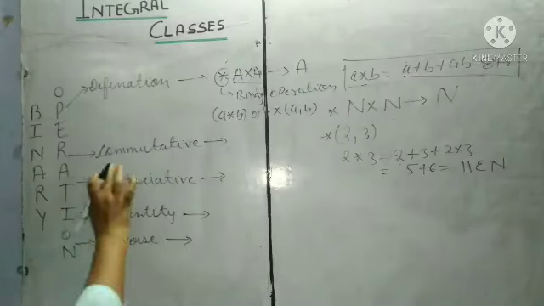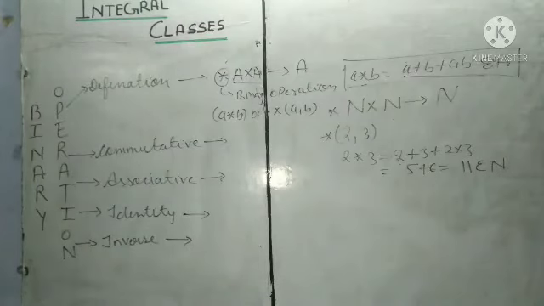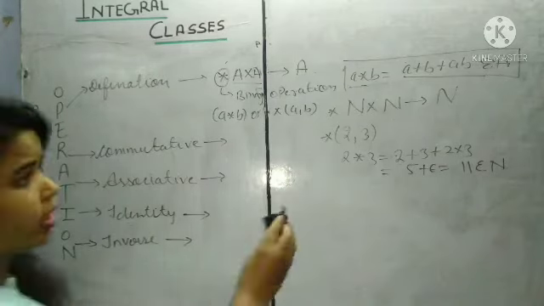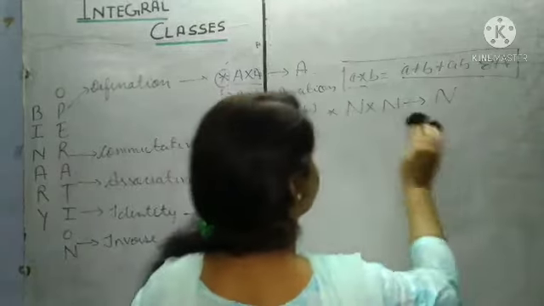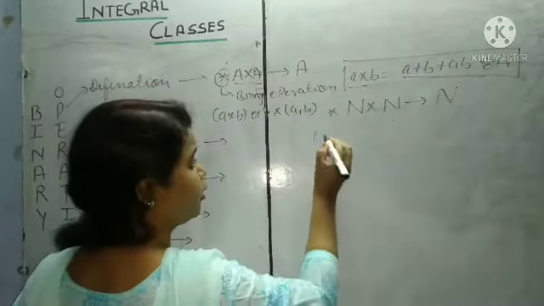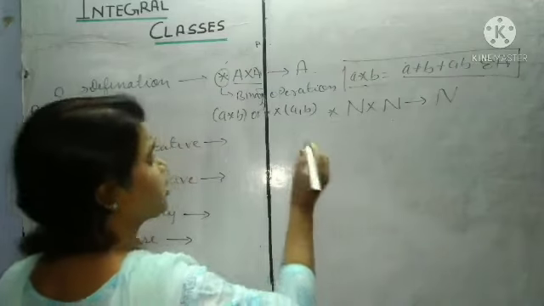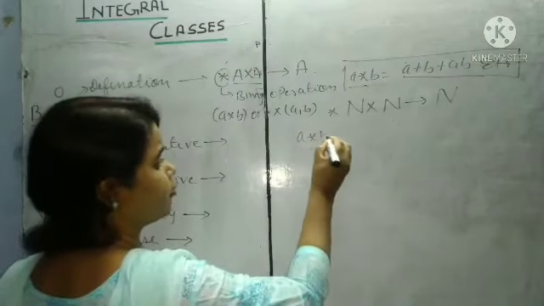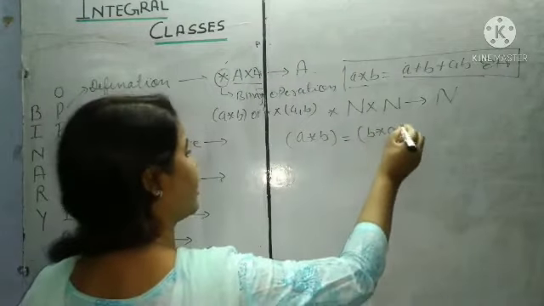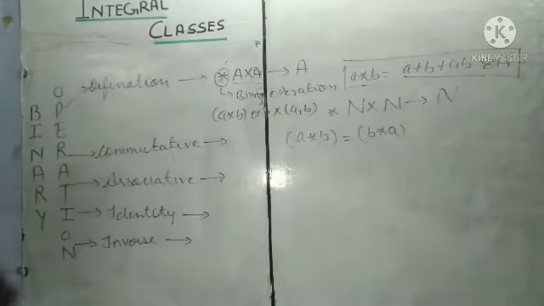Now next is commutative. What is the meaning of commutative? In your earlier classes you became familiar with commutative. So student, for commutative, suppose A star B or B star A gives the same result.